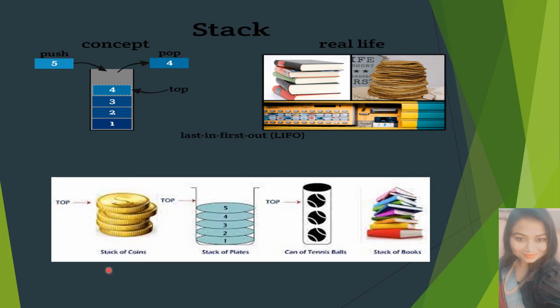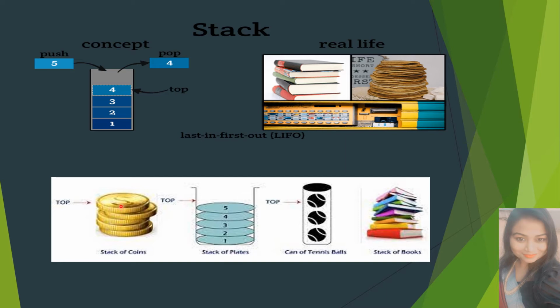First example is a stack of coins. Second example is a stack of plates. Third example is a can of tennis balls. And fourth example is a stack of books. In all these examples, take coins: the first coin is inserted, then the second, third, fourth, and fifth coin.